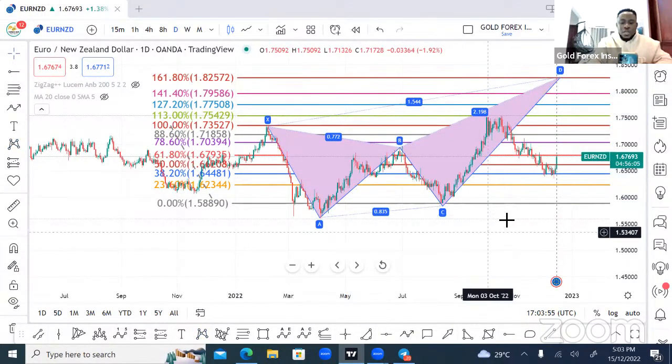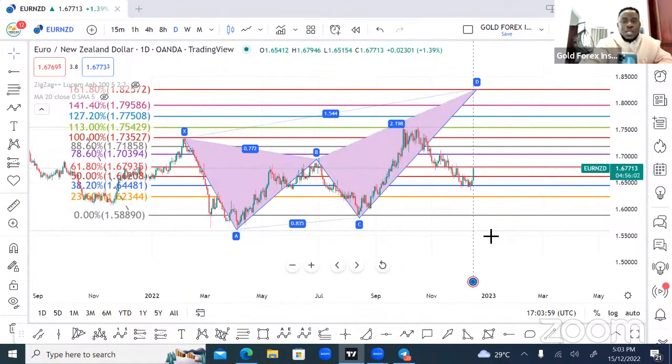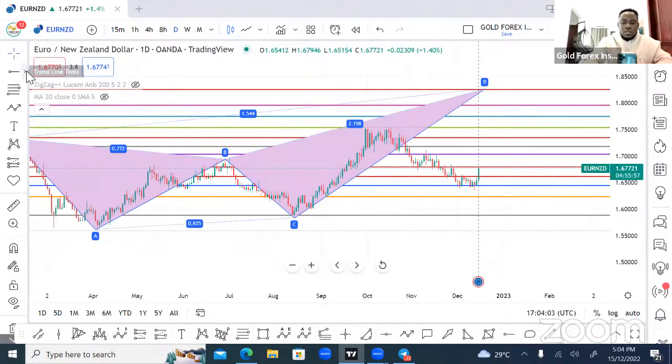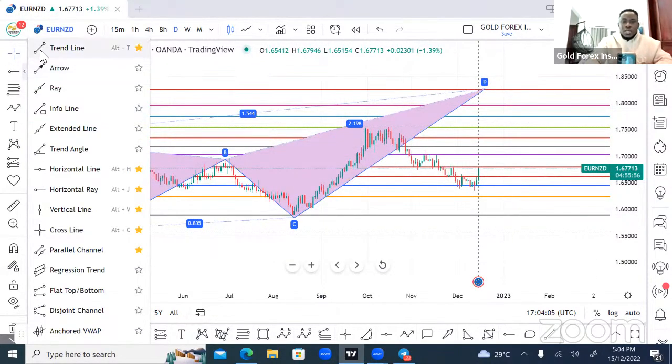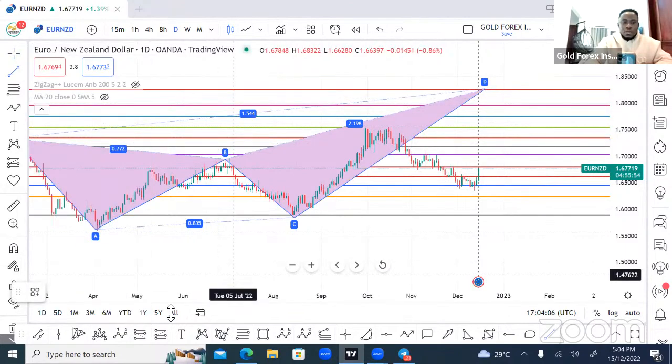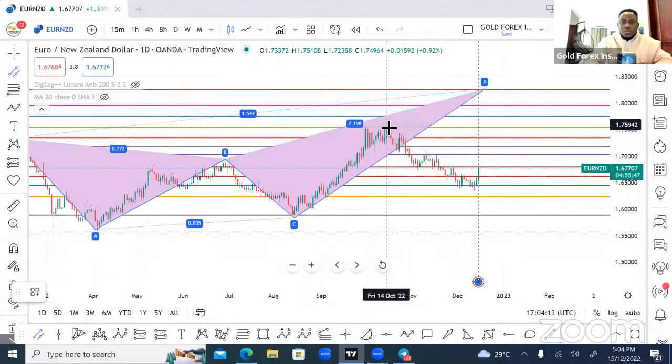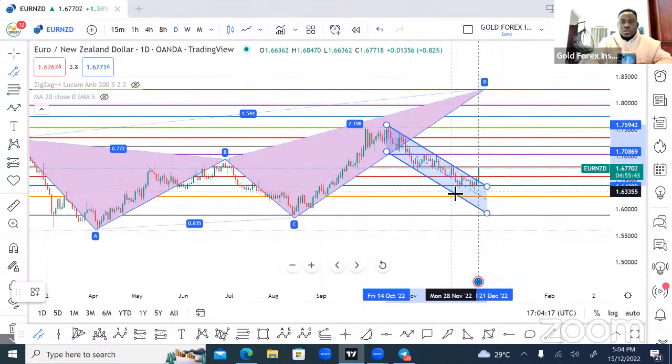Now, if this is forming a crab pattern formation, then that means that, so here to here to here.